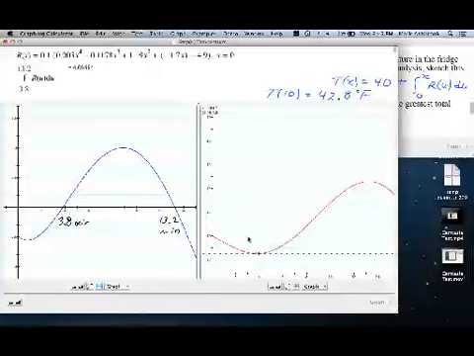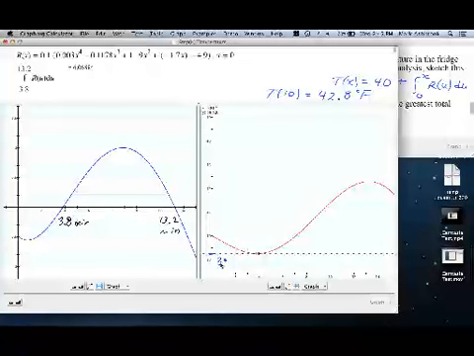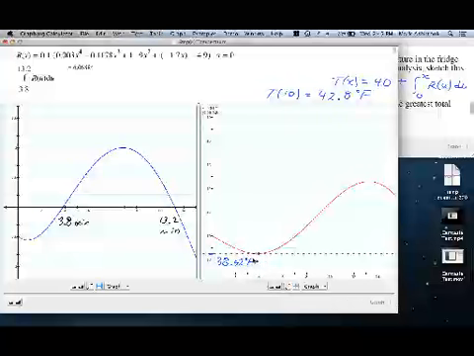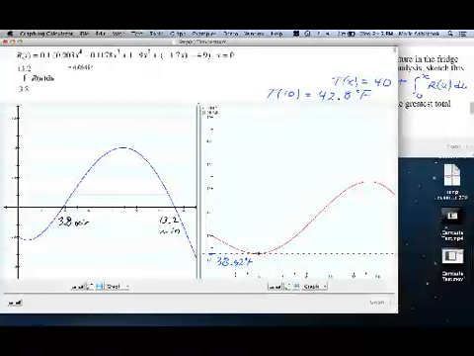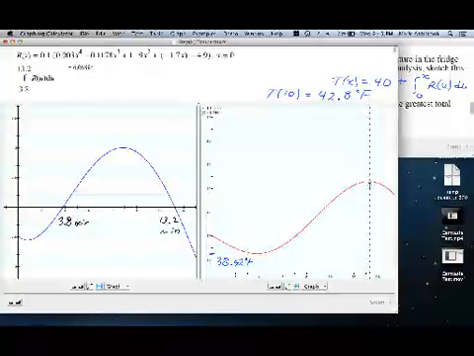So at the coolest point, it was 38.52 degrees, up to when it stopped increasing, which we said was at 13.2.